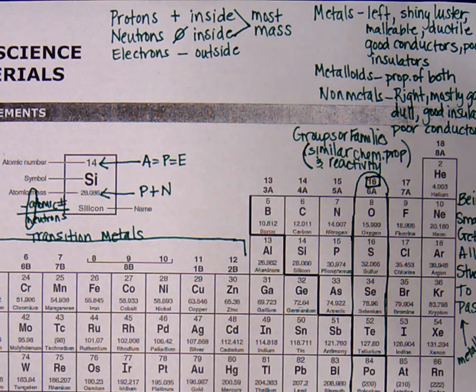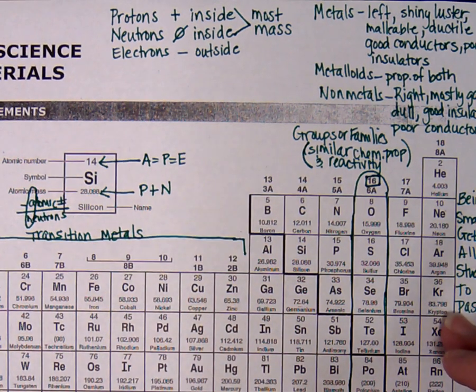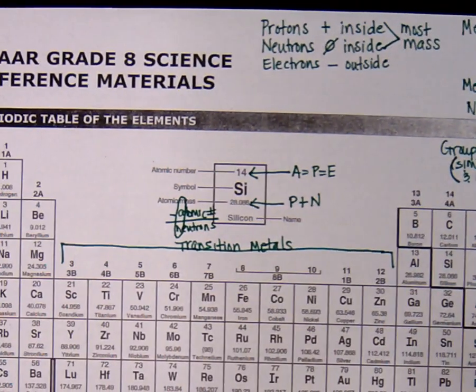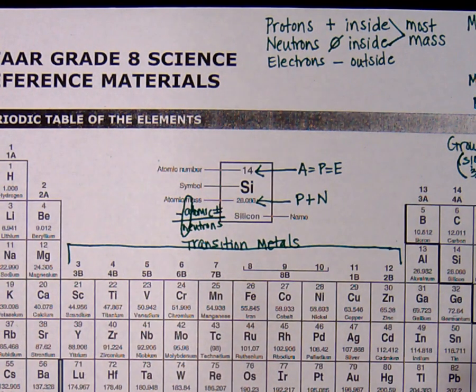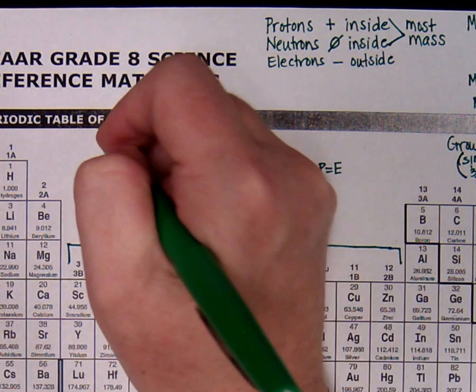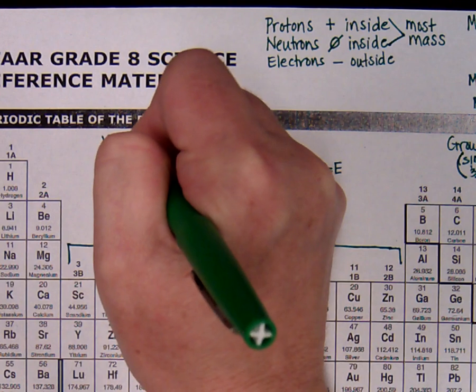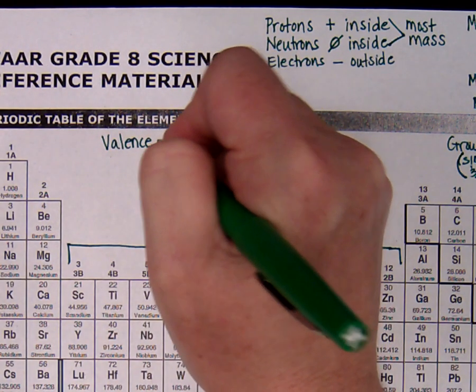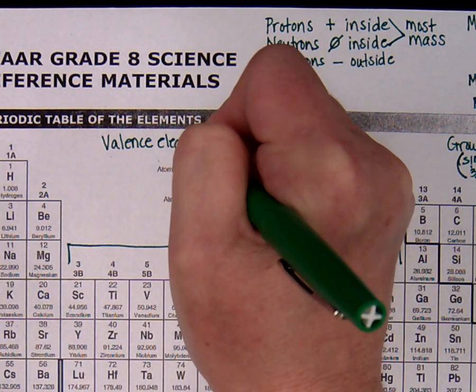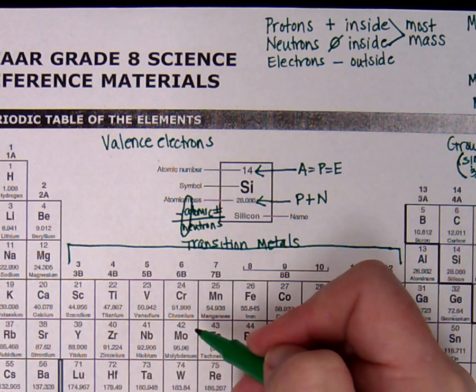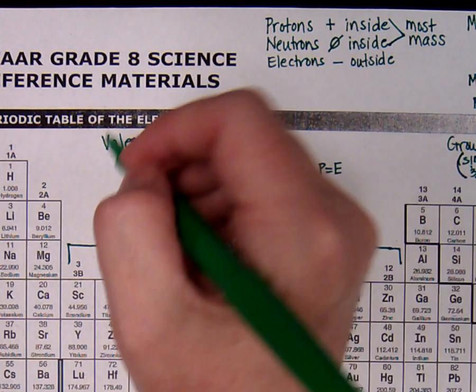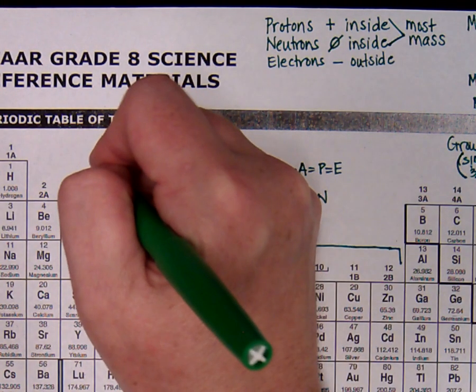Now the groups also tell us about the valence electrons. So now on your paper, write valence electrons. The valence electrons, remember, determine reactivity.